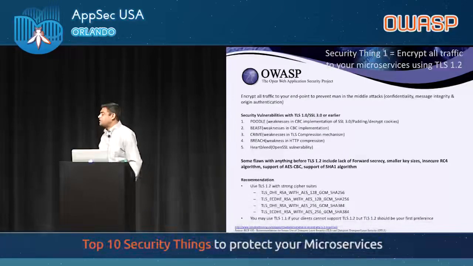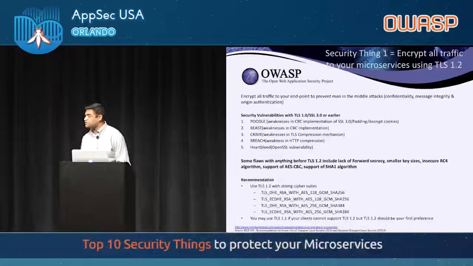There have been a lot of security vulnerabilities found with TLS 1.0, SSL 3.0, and 2.0. Some of the attacks exploit the weaknesses in the CBC implementation of AES, which is a cipher block chaining mode that a lot of algorithms, like when you use AES or triple DES, use. It's one of the modes being used quite a bit right now. And there are weaknesses.